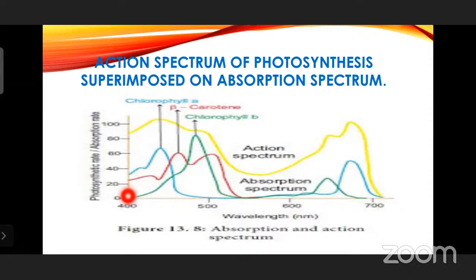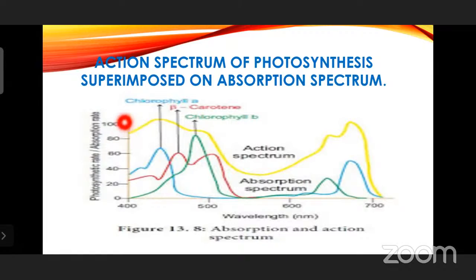And if we see the rate of photosynthesis, that means action spectrum. The action spectrum is indicating clearly it is at this blue color only that the rate of photosynthesis is more. Again, it is declining, and then again it is going to the peak level in the red light. So remember, on the x-axis, we have taken the wavelength 400, 500, 600, 700 nanometer.